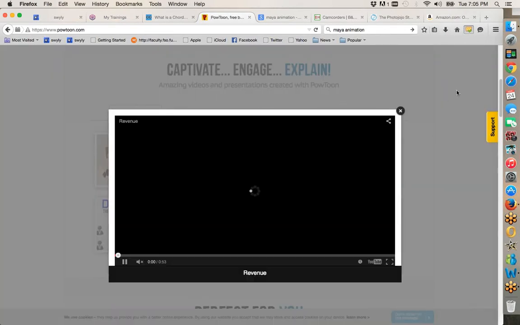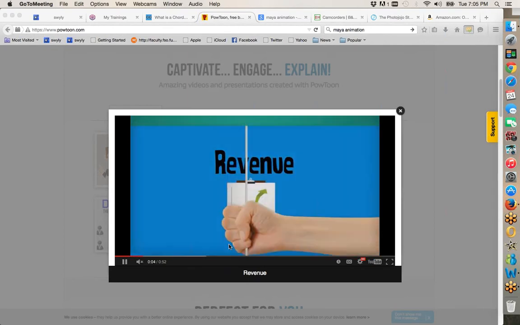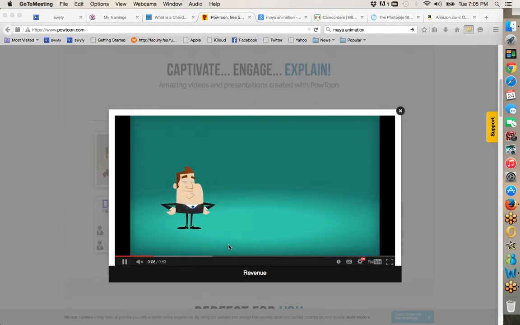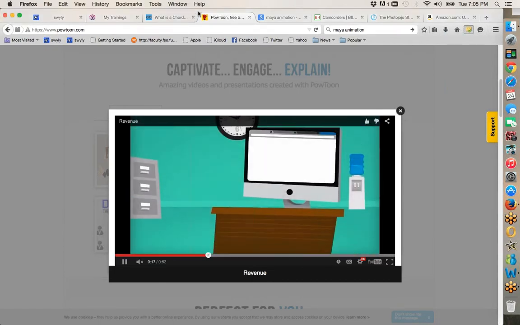They have sort of a stock number of characters, and that's all they have. So again, it's really more of an animated PowerPoint than anything else. In other words, there's animation contained in there, but it's not true animation, or what a lot of people talk about when they're talking about animated.